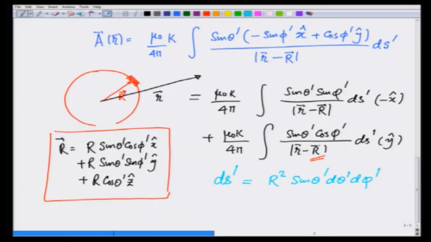So, let me write this again and give you the answer first, because right now I want to focus on the vector potential, and in the next lecture I will tell you how to calculate these potentials using analogy with the electrostatics.